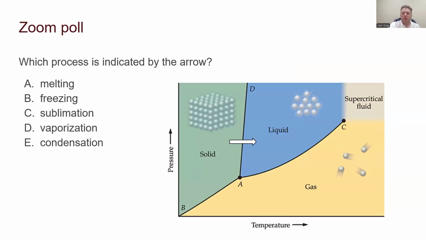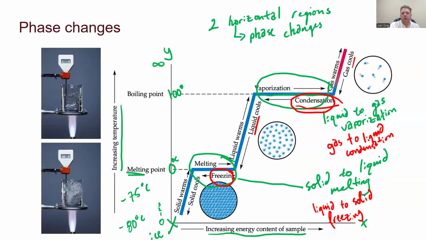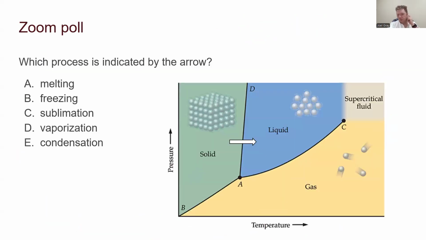Now, what we can do is use this information for knowledge of our phase changes and apply it to movements on a phase diagram like this. So which process is indicated by this arrow? We're going from a solid to a liquid. Any solid going to a liquid is going to melt.